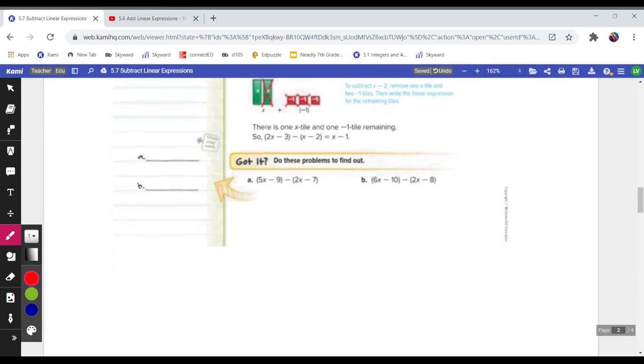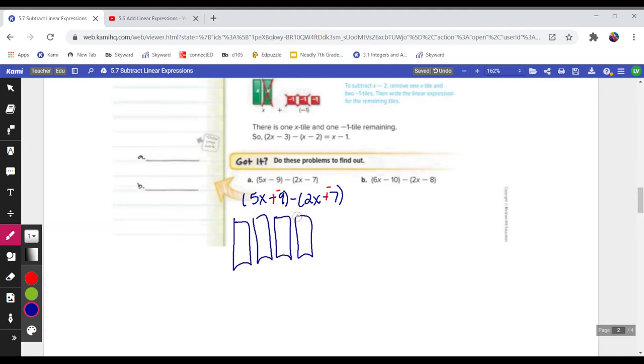So let's try these two problems to see how we're doing. So rewriting that, 5x minus 9 minus the quantity 2x minus 7. So there's subtraction. I'm going to add and make that a negative 9, add and make that a negative 7. So I'm going to use my algebra tiles. All right, so there are my x's.